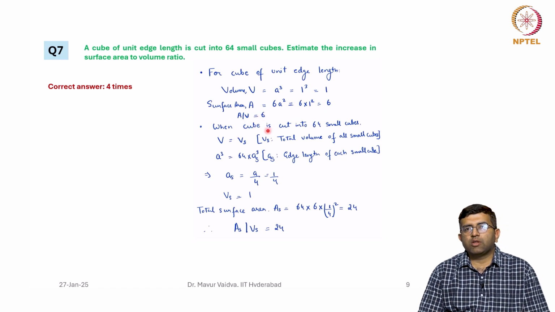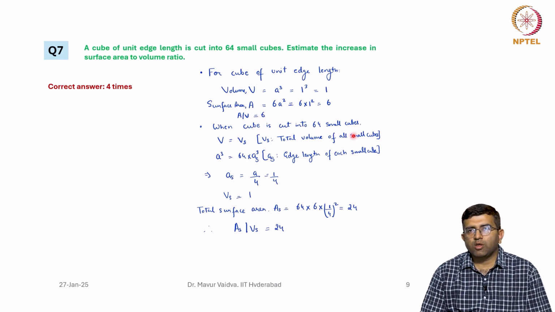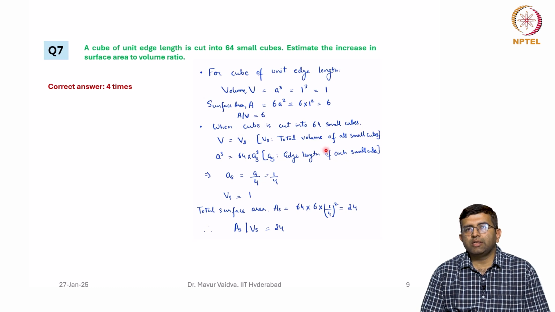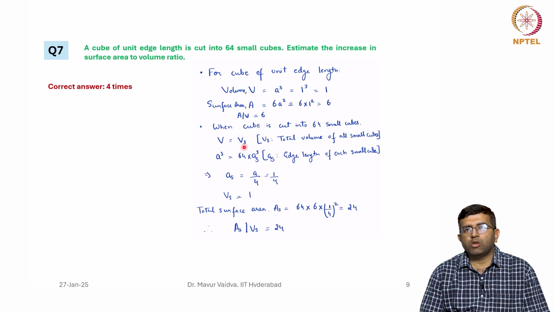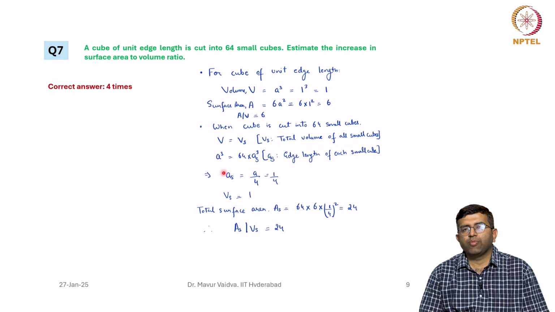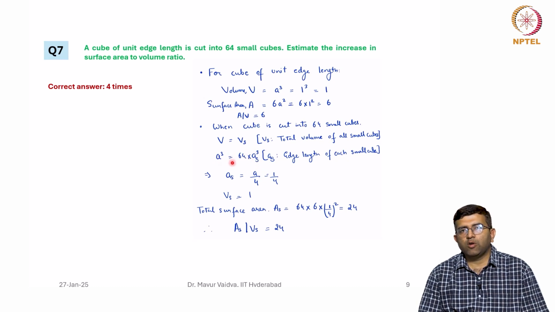Now, when this cube is cut into 64 small identical cubes, then V is equal to Vs, where Vs is the total volume of all small cubes. If the edge length of the initial cube was A and the edge length of each small cube is As, then A cube is equal to 64 times As cube.